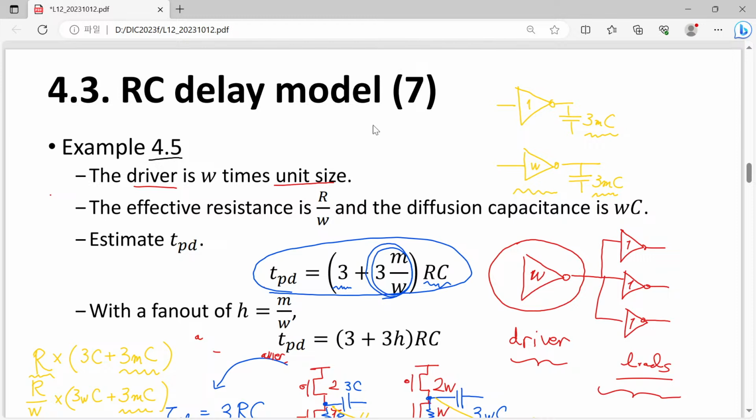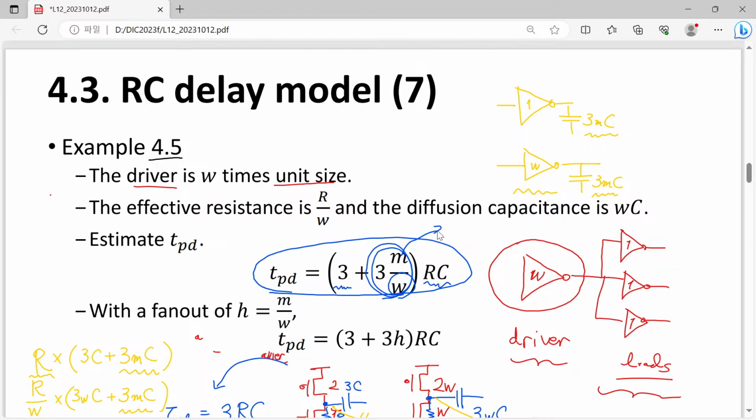Okay, if the load is too heavy, M is large, then we can expect an increase of propagation delay. And if we have a very powerful wide driver, then we can reduce the propagation delay.